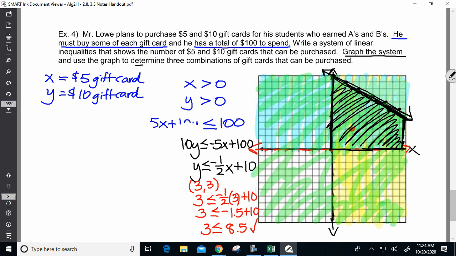When it tells you to determine 3 combinations, pick 3 points that are inside of there and write them out. So all you do is pick 3 points. So 2, 2, 3, 3, 4, 4. So just pick 3 points.